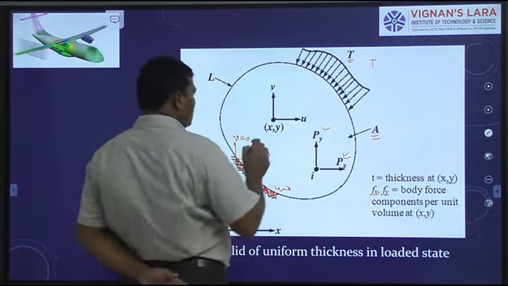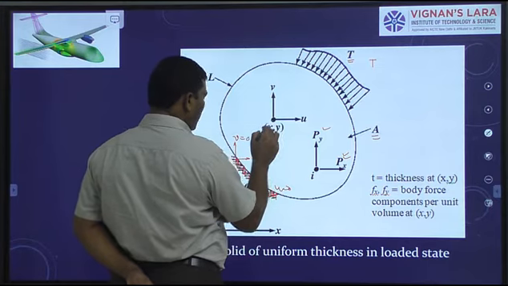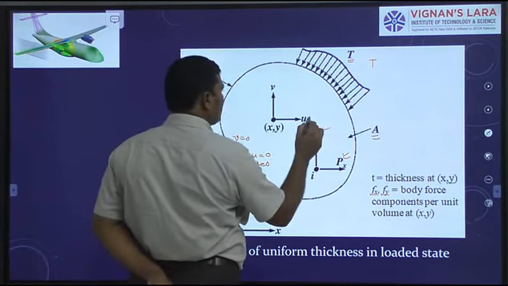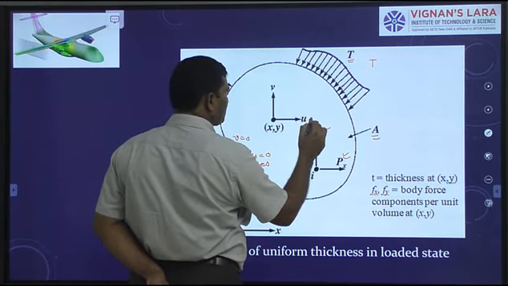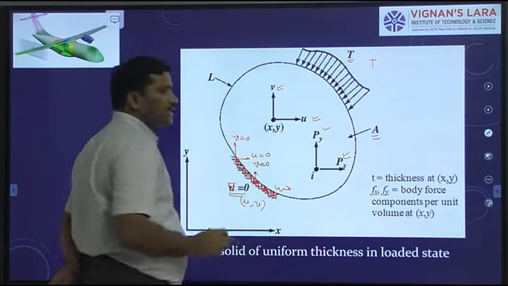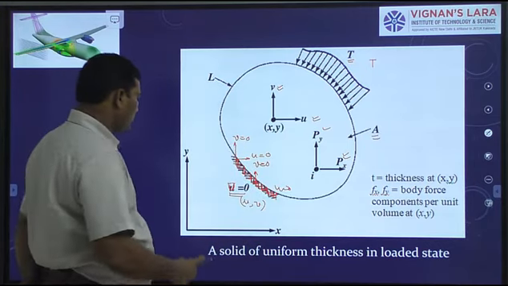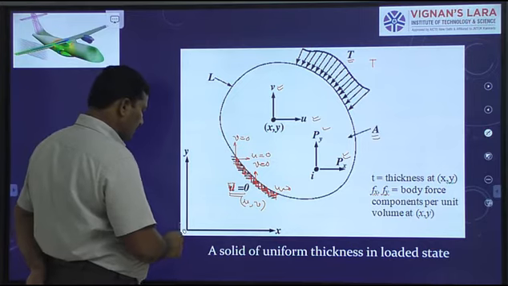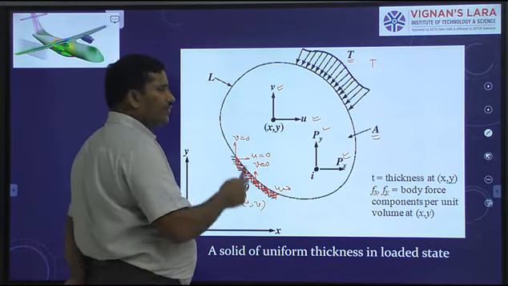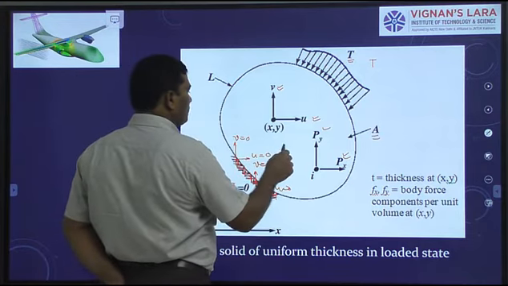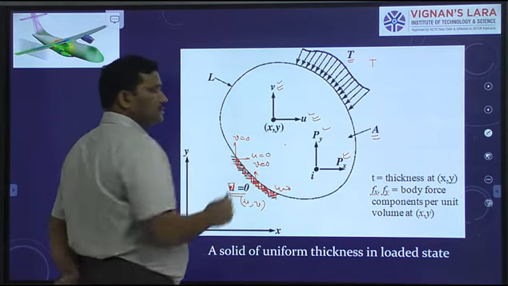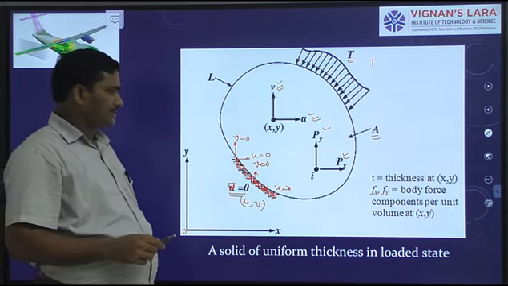Now, if you consider a point specified by the coordinates x and y, this point displaces in the direction of x by u and it displaces in the direction of y by v, where Oxy is the reference frame. With respect to this reference frame, we define the position of any point in this domain and the displacements u and v, next strains and stresses.